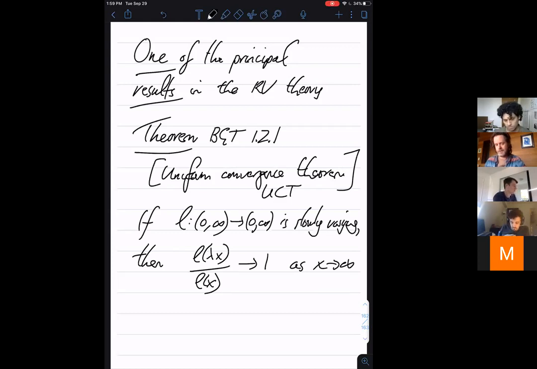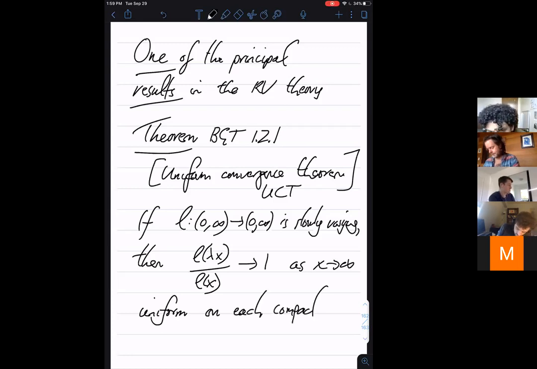But anyway, I'm just restating that this means for any lambda positive we have this convergence. But the result says that in fact that convergence is uniform on each compact, so locally uniform convergence in the lambda variable. Okay, is that statement clear? I think I'll end the class at this moment.